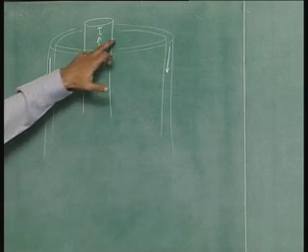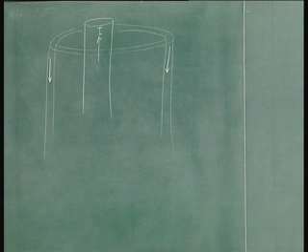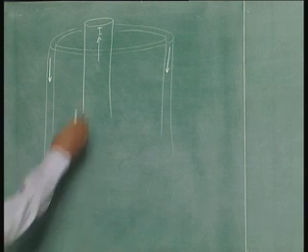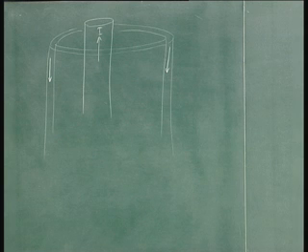The magnetic field develops in the region between. Now, the first thing that I would like to ask is, how is this current distributed within this wire? Now, for that let us go back to just looking at a single wire.